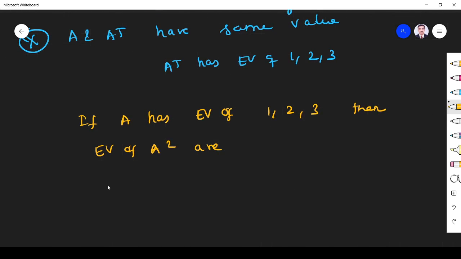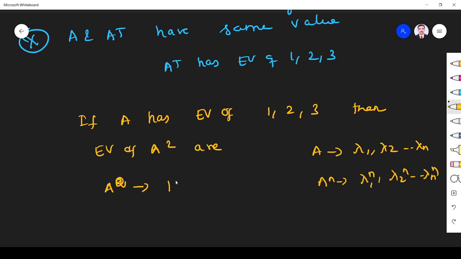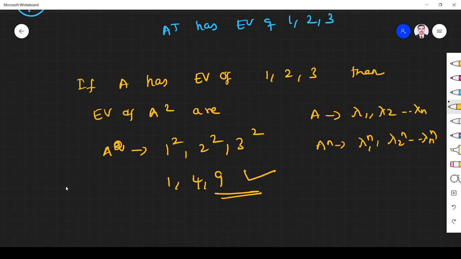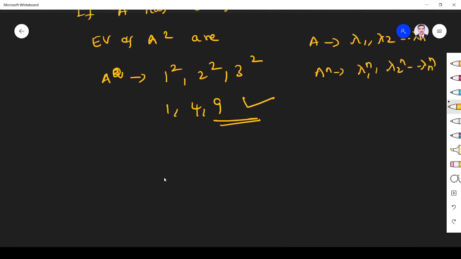If A has eigenvalues lambda 1, lambda 2, up to lambda n, then A power n has eigenvalues lambda 1 power n, lambda 2 power n, up to lambda n power n. So I want the eigenvalues of A square. So that is 1 square, 2 square, 3 square. So the eigenvalues are 1, 4, 9. This is the answer. This is another property of eigenvalues we can use. Right, next.